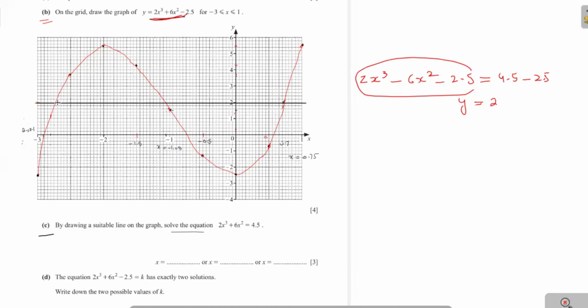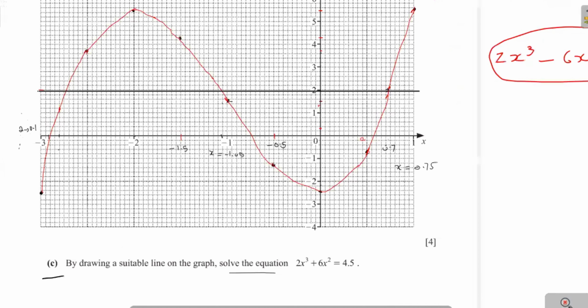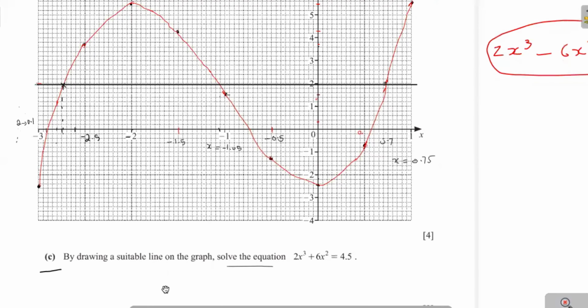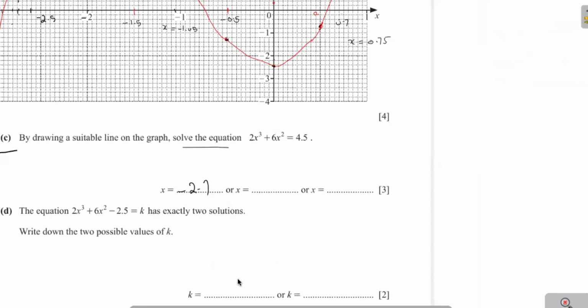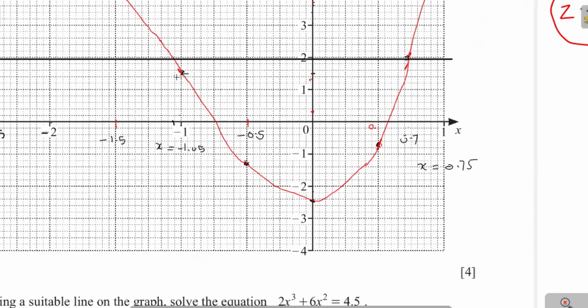The solution of this equation is where both graphs intersect. You see here, this position is 2, and at this position the value of x is minus 2.7. We mark x equal to minus 2.7. The next position where both graphs intersect is x equal to 1.05.